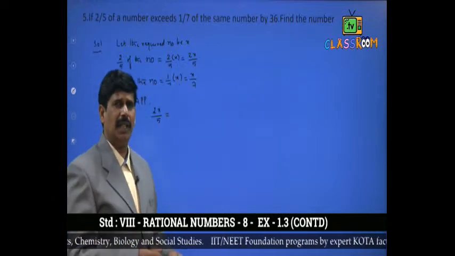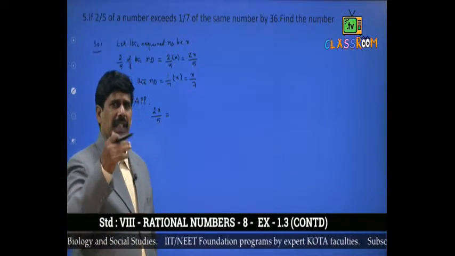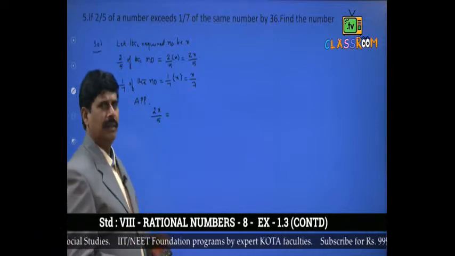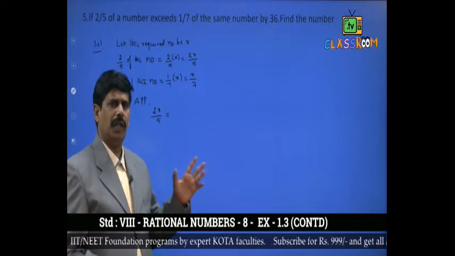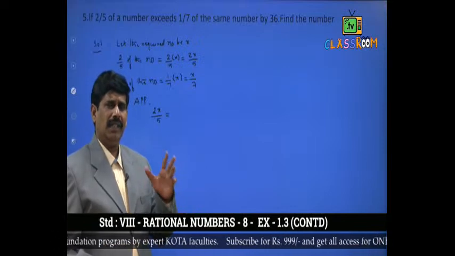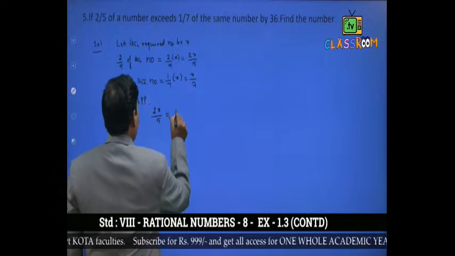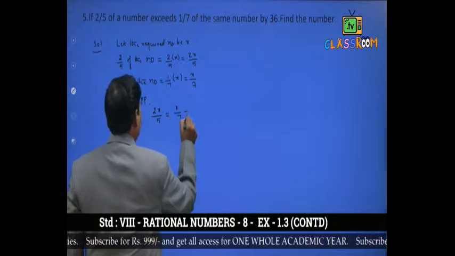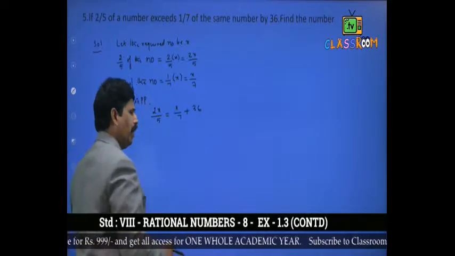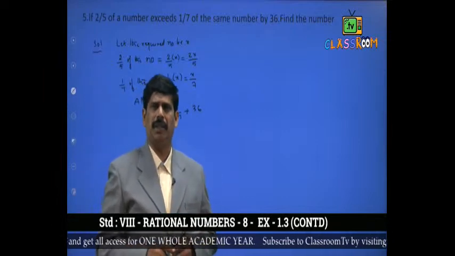That means this number is 36 more than this. The number 2/5 of the number is 36 more than 1 by 7th. So that will be x by 7 plus 36. So you have to be very careful when you are writing the expression.